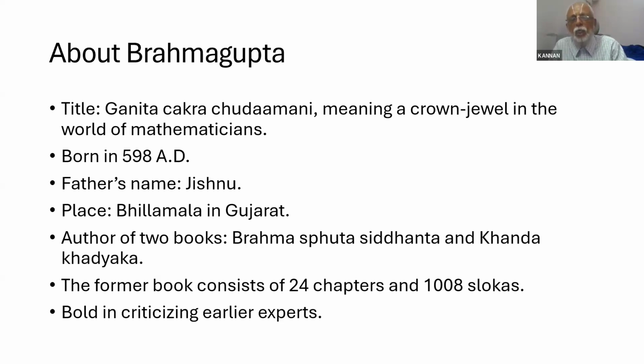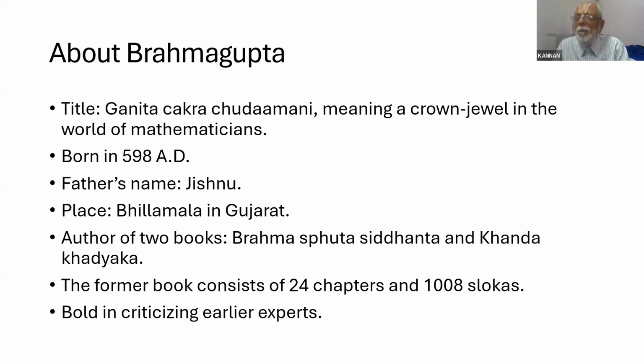He has authored two books, Brahmasphuta Siddhanta and Khandakhadyaka. The former book, the first book, the book from which we have taken this passage, consists of 24 chapters and altogether 1008 shlokas.